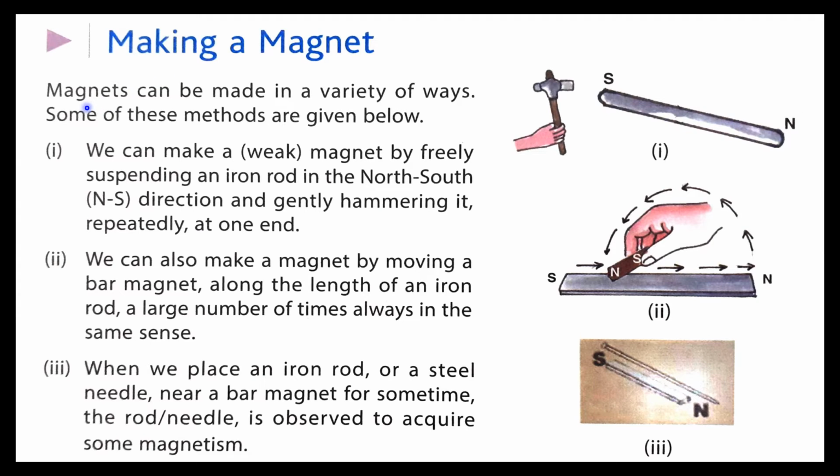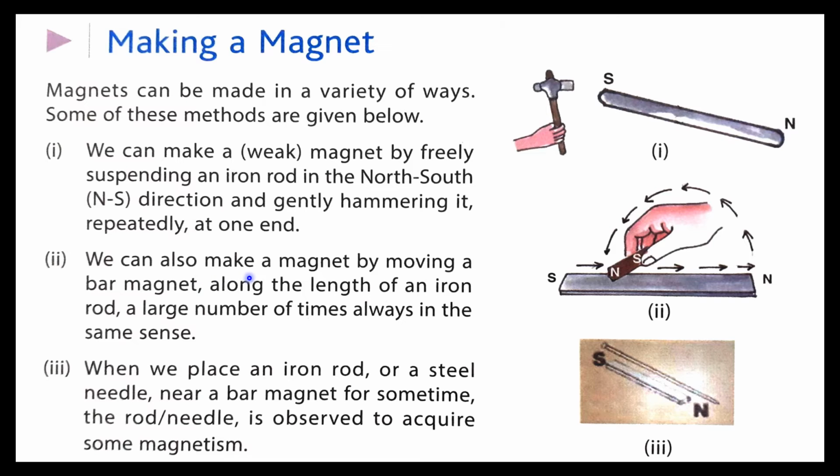Students, magnets can be made in a variety of ways. Some of these methods are given below. We can make a magnet by freely suspending an iron rod in the north-south direction and gently hammering it repeatedly at one end.